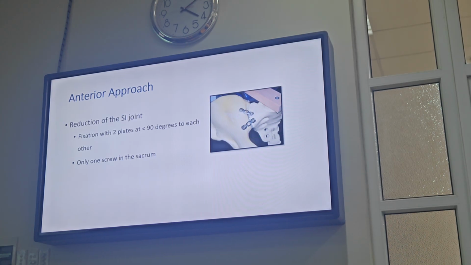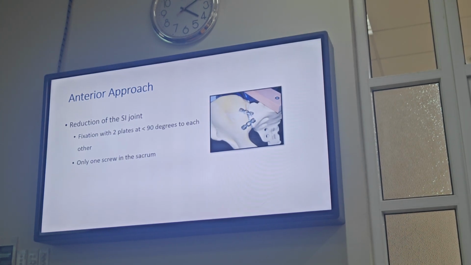Both plates are at an angle to each other, around 80 to 90 degrees. You do not put them parallel. You put in one plate, and the other plate is also like this. You do not put the plates parallel.